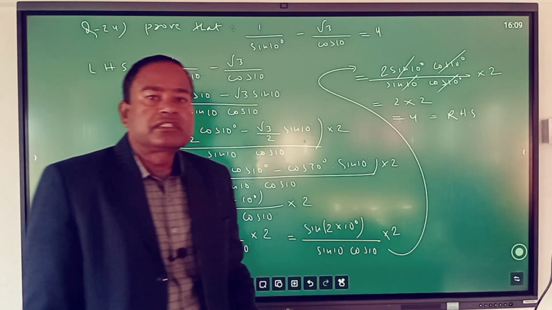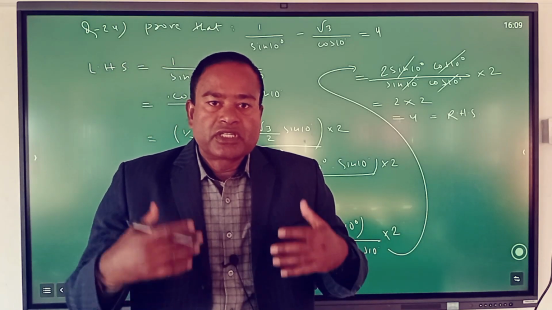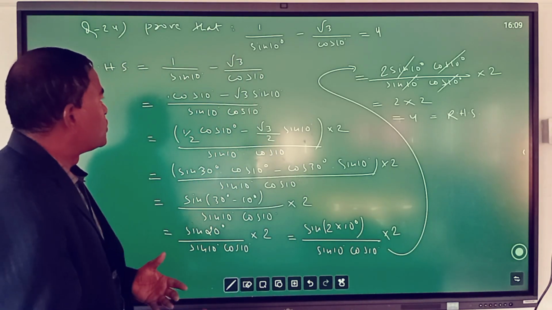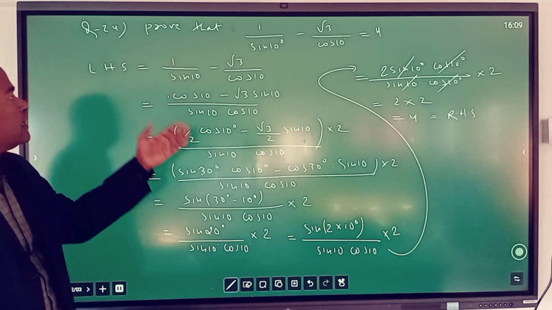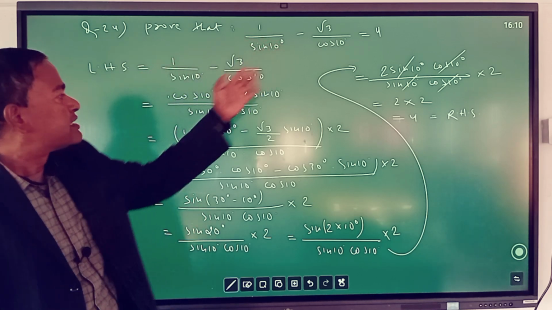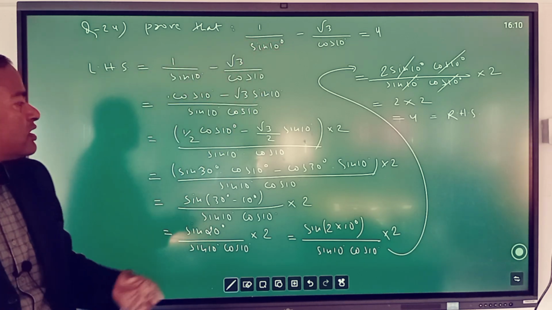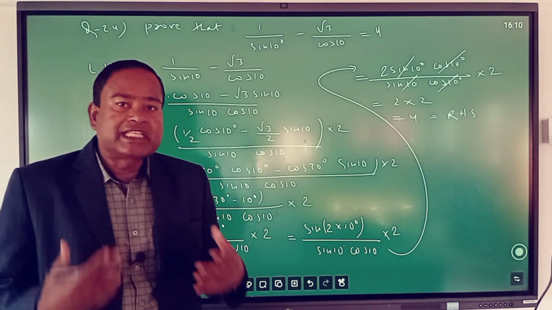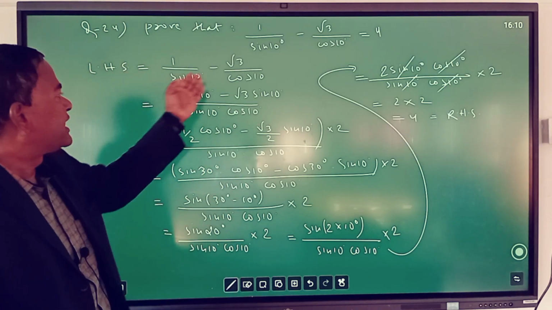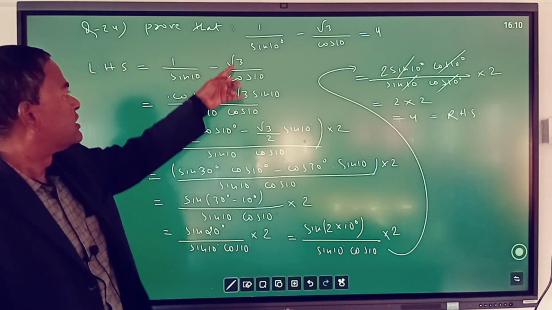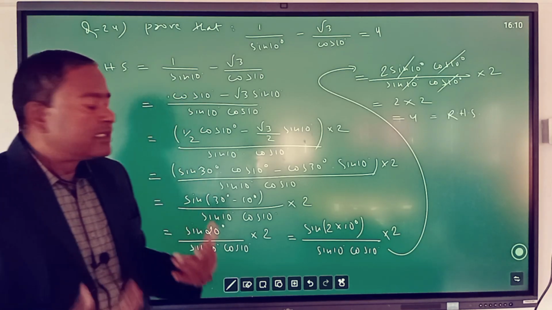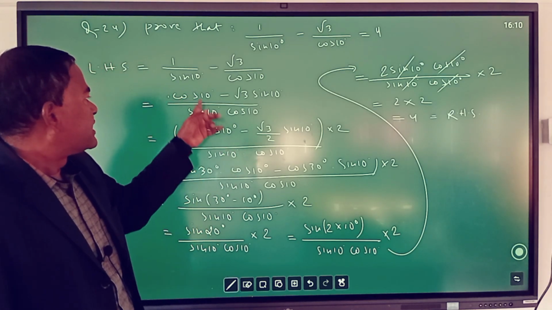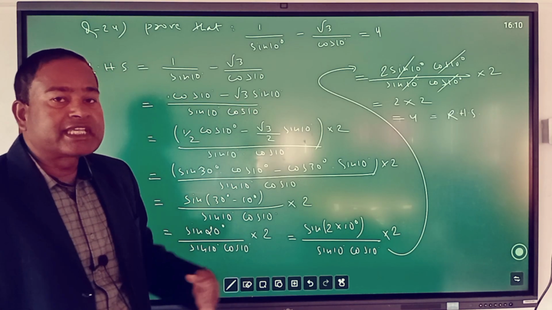So dear students, the problem is very simple. So let's review the solution of the proof. At first we have taken LHS, then we have taken the LCM of denominators. After taking LCM of denominators we can do crisscross. Then we have got cos 10 minus root 3 sin 10 degrees.